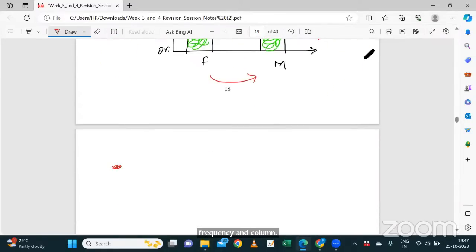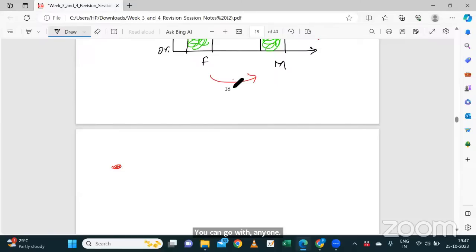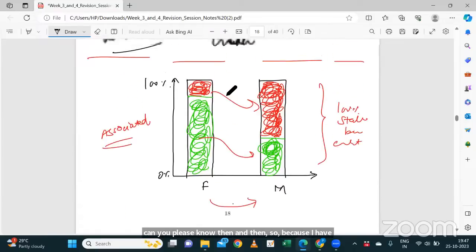Sir, when I calculated the column relative frequency for this, can you please note it down and explain a little, because I have some confusion. What is your confusion?